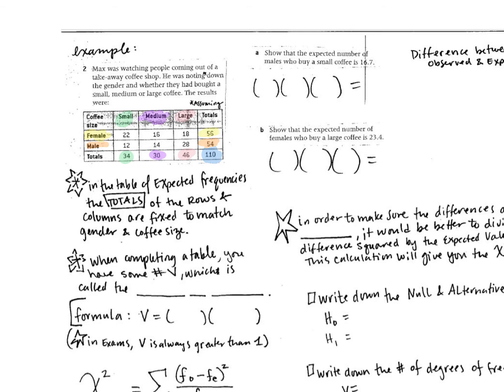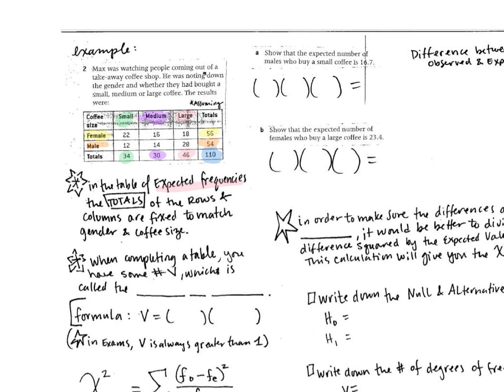One thing I'm not sure about on this page, because I made this before break, is the flow of it. One thing this is assuming is that you don't yet know the calculation, or maybe you are supposed to know it, but we're going to just do it all together. In the table of expected frequencies, the totals of the rows and columns are fixed to match gender and coffee size.